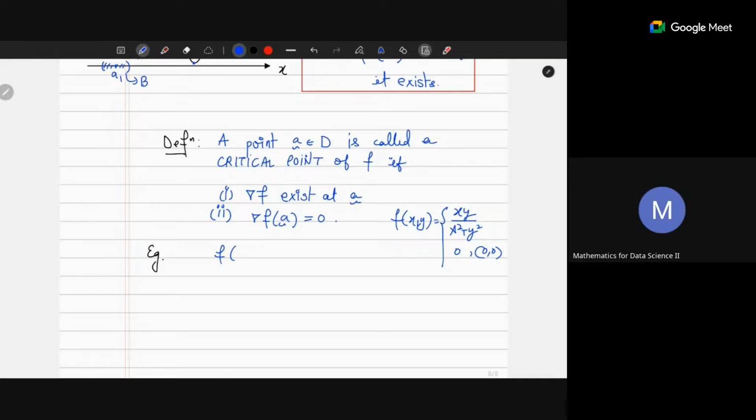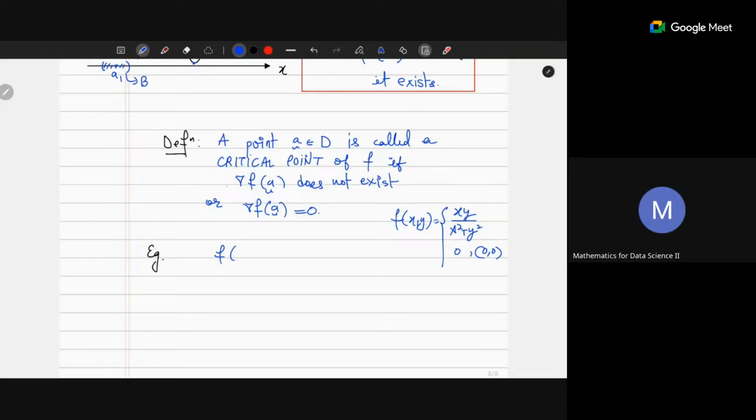Now let me modify the definition. This definition makes sense with the gradient. If the gradient does not exist, we relax the condition up to the gradient only. We don't need to go up to differentiability. Gradient does not exist, or the gradient of f at a, if it exists, then it has to be 0.